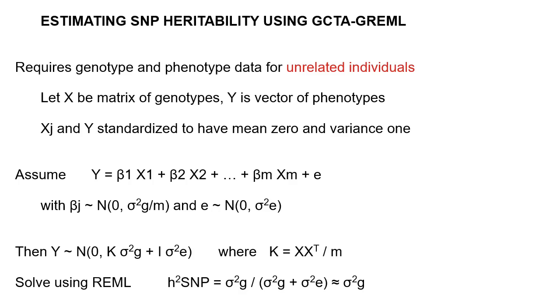If you make these three assumptions, then we get that Y is also normally distributed, and its variance has this form: K, a kinship matrix, times sigma squared G, the genetic variance, plus I, an identity matrix, times sigma squared E, the noise variance. GCTA solves this model using something called restricted maximum likelihood, from which we get the estimate of SNP heritability. It has this complicated form, but because we've standardized variables, we get that the estimate of SNP heritability is the estimate of the genetic variance.